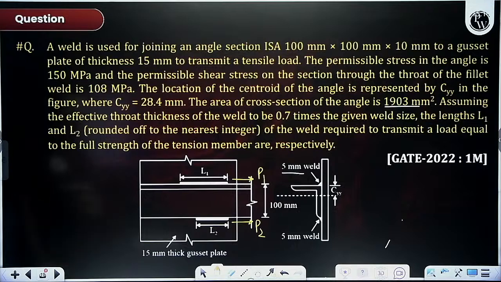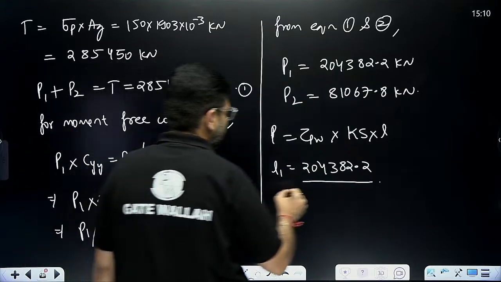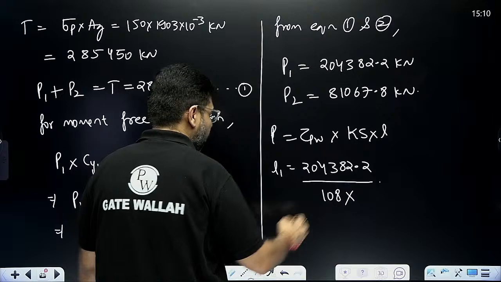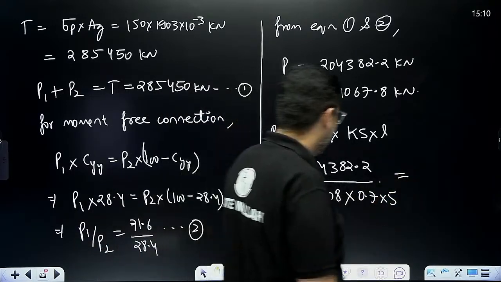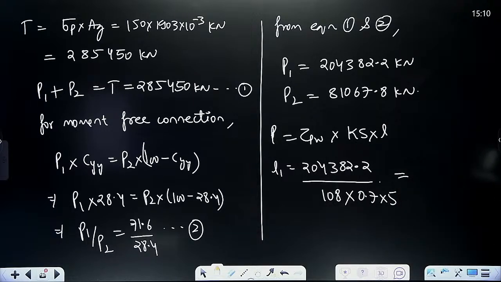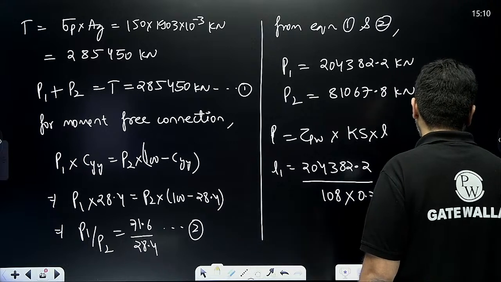It's equal to 108, K is 0.7, S is 5 mm. So how much are you getting for L1? L1 is 540.68, I guess.